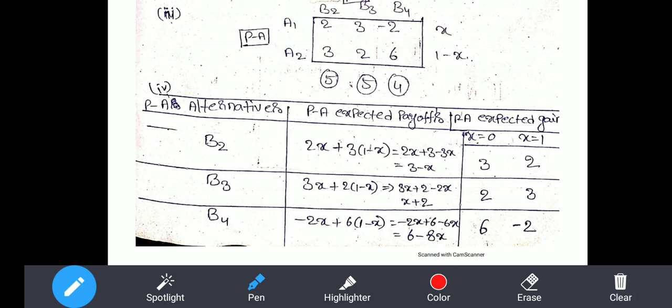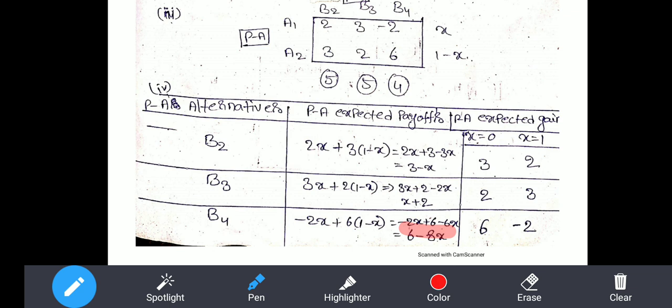Now you can substitute the values. For 3 minus x, take x equal to 0 one time and x equal to 1 another time. 3 minus 0 is 3, and 3 minus 1 is 2. In the same way, for x plus 2, x equal to 0 gives 2, and x equal to 1 gives 1 plus 2, that is 3.